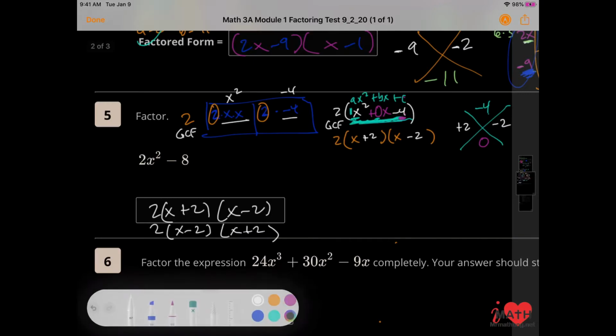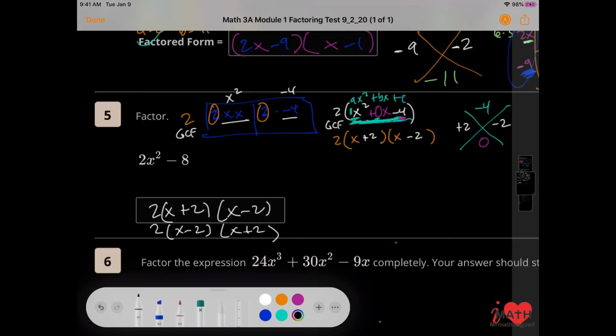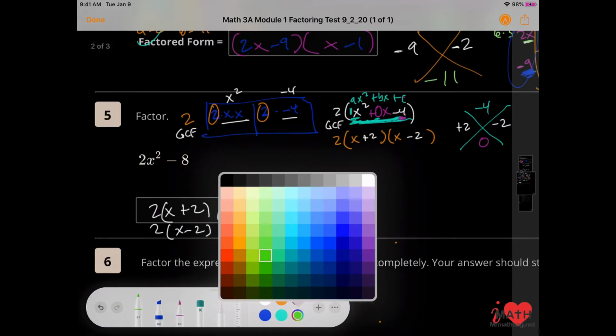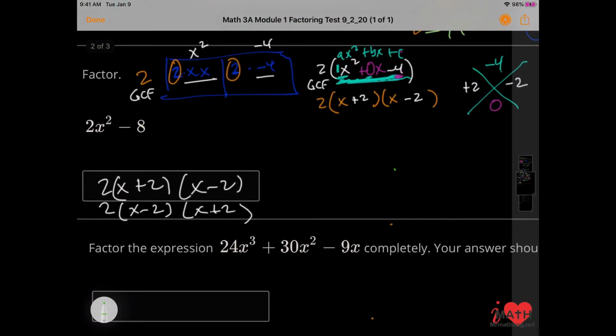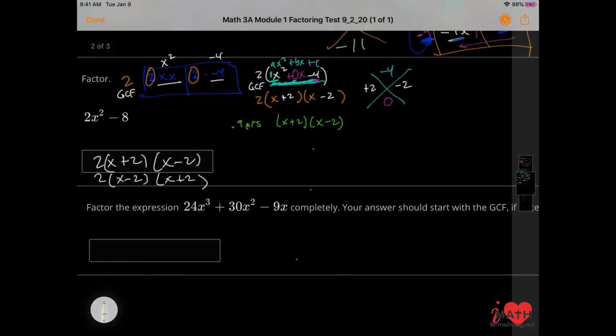Okay. How did I give partial credit here? Question number, what are we on? 5? Okay, so I would have given you 0.9 points if you wrote something like x plus 2, x minus 2, and you were missing basically the GCF. So I gave you at least partial credit, right?